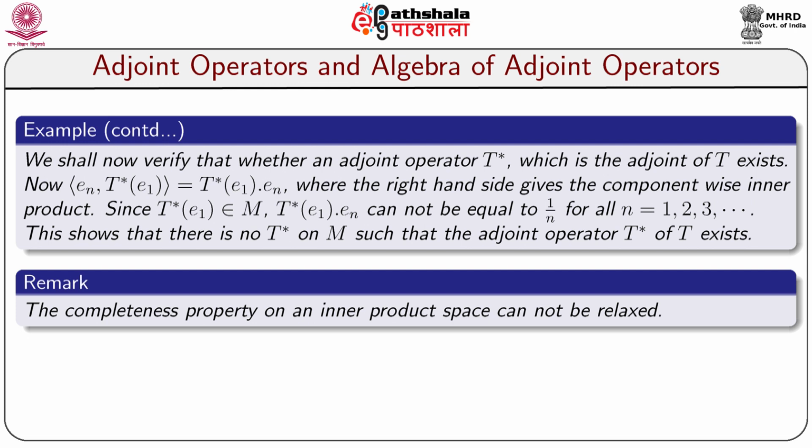This shows that there is no T star on M such that the adjoint operator T star of T exists. In this connection, we note the following remark: the completeness property of an inner product space cannot be relaxed.